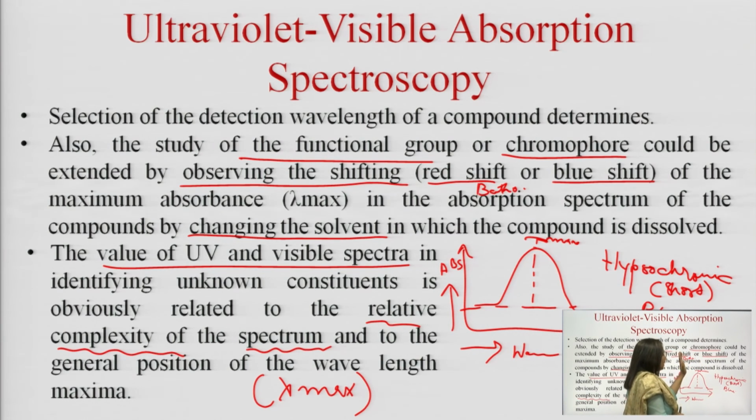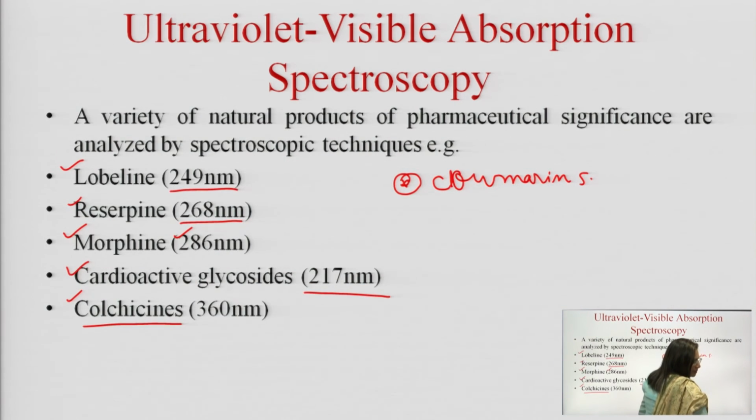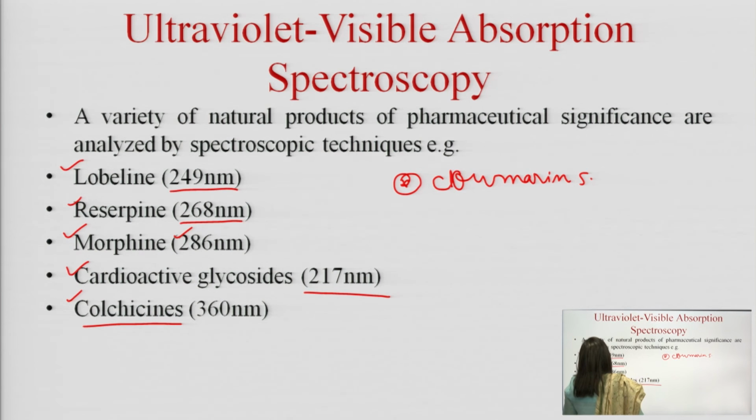Batho means lengthening of the wavelength, while hypsochromic means shortening of the wavelength, and change in these wavelengths is suggestive of the structure of the natural product.